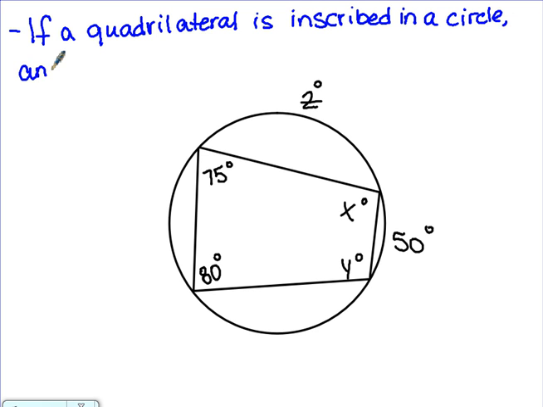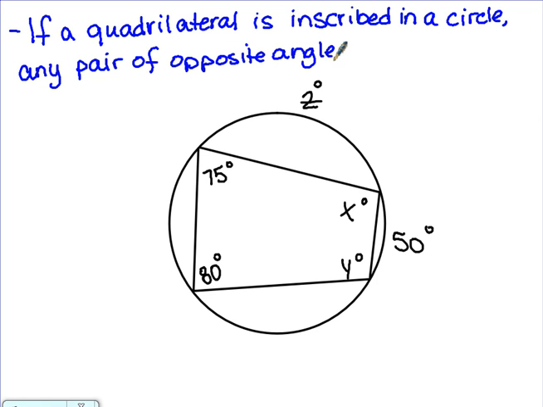Any pair of opposite angles together equal 180 degrees.